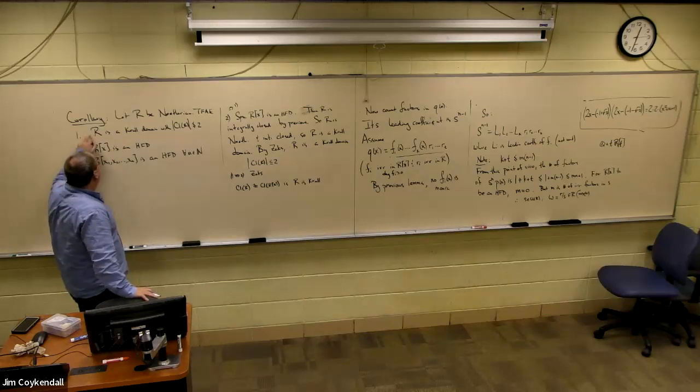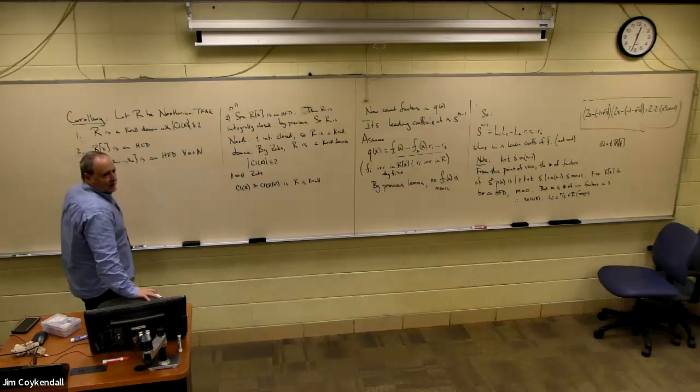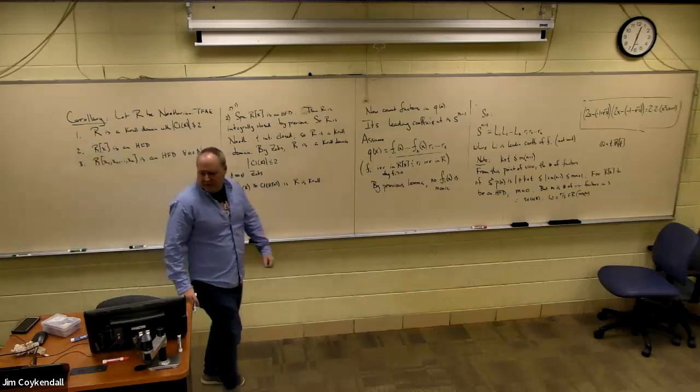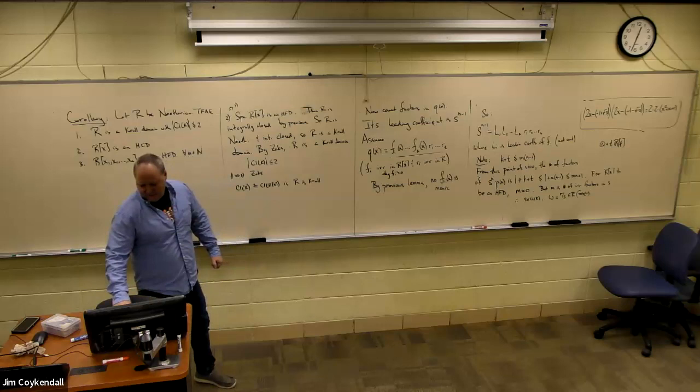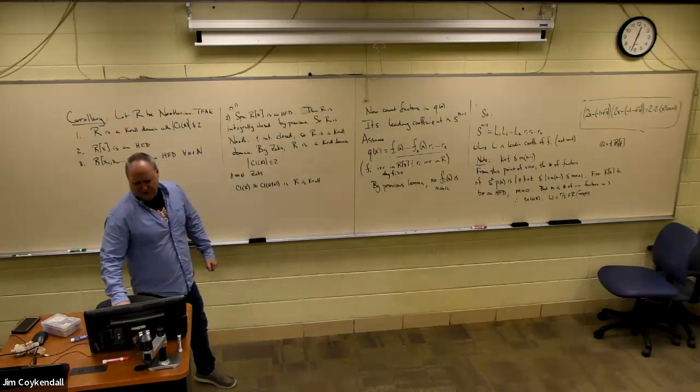So once you have this, you can just go by induction, because if R[X] is an HFD, then R[X] is a Krull domain, and it's still got class number less than or equal to 2, so you can add another variable. Any questions on that?